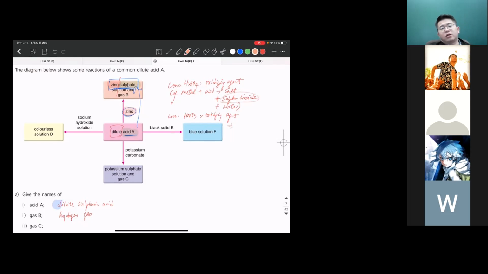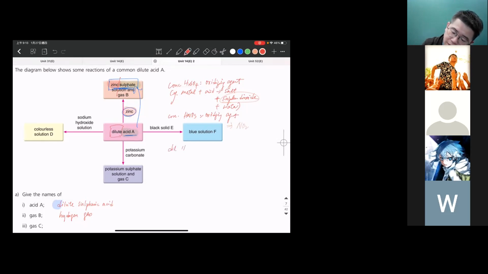Concentrated nitric acid and zinc. Anyone can, if you can search on the web, tell me. Nitrogen dioxide. Yep, NO2.